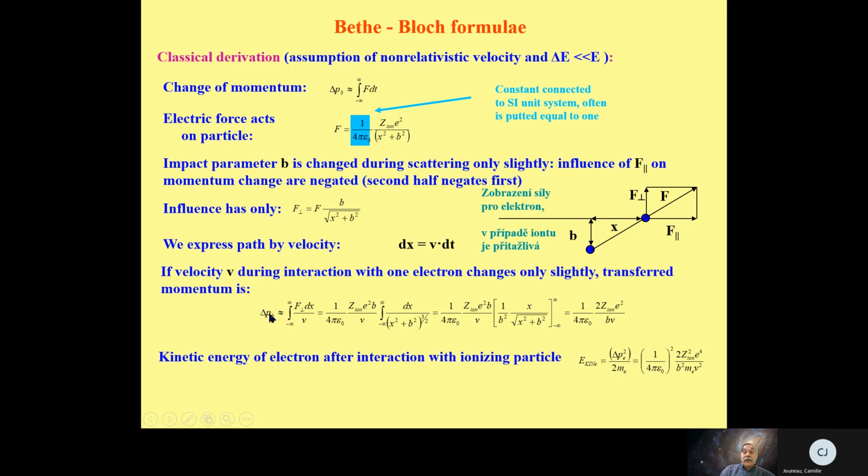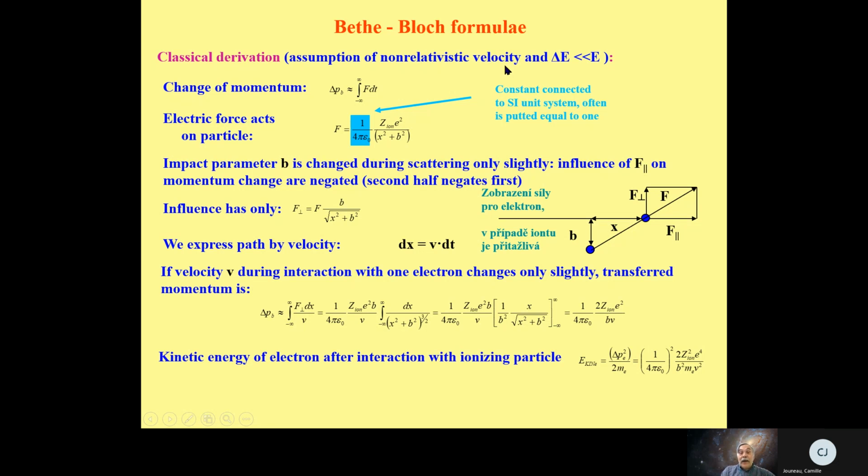This is the momentum which was obtained by the electron from this ion during ionization. We know this momentum because the electron was at rest at the start, and after that it obtains some energy and has some momentum, and from this momentum it's possible to calculate the kinetic energy.